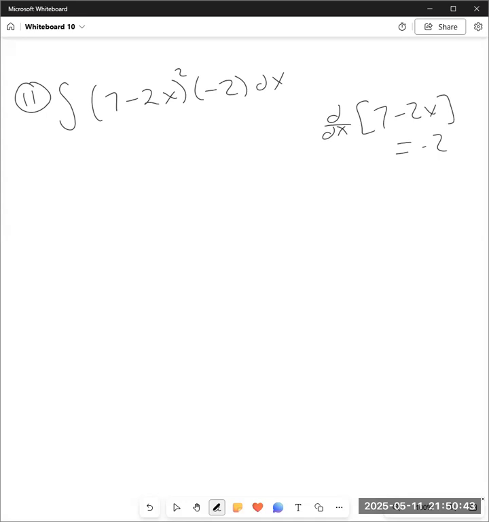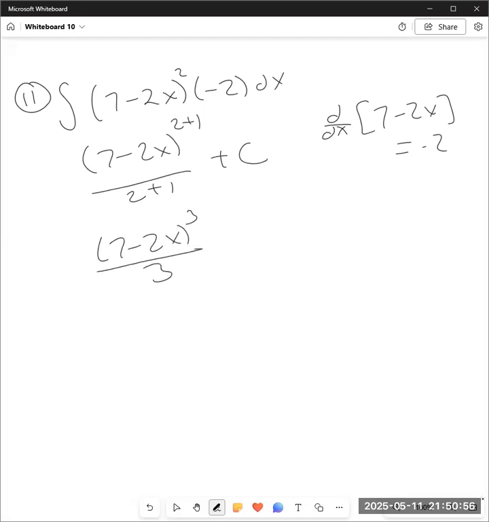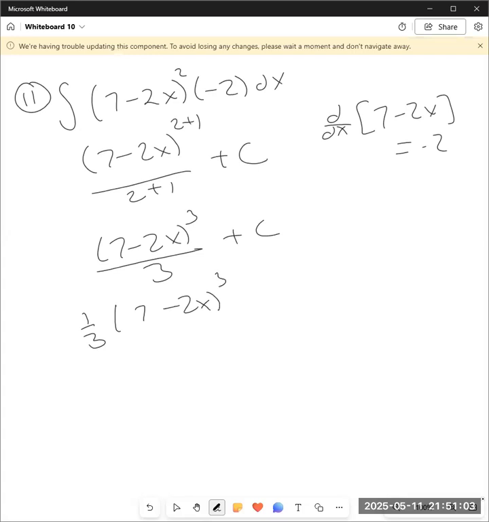So that's good. So I can increase the exponent by 1 here, divide by that new exponent, and add my constant of integration. Maybe I want to call that 1/3 instead of divided by 3. It's the same thing.